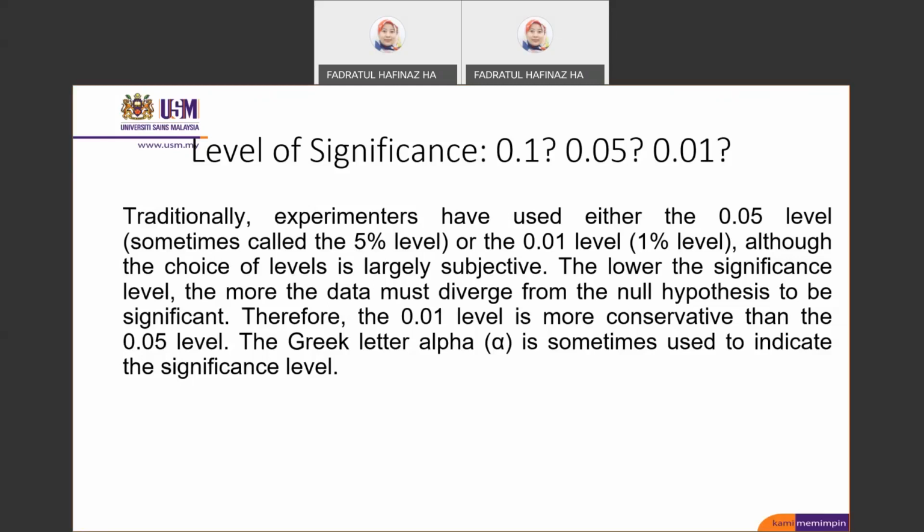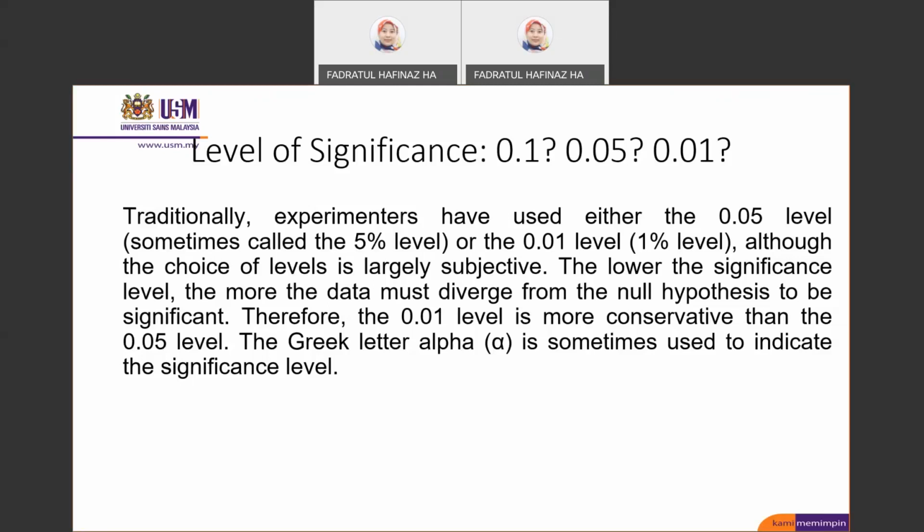We normally set it at 0.05. However, if you want to be particularly confident in your result, you can set a more stringent level of 0.01, meaning a 1% chance or less that the null hypothesis is true.